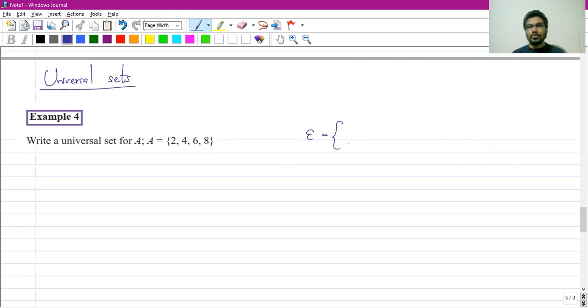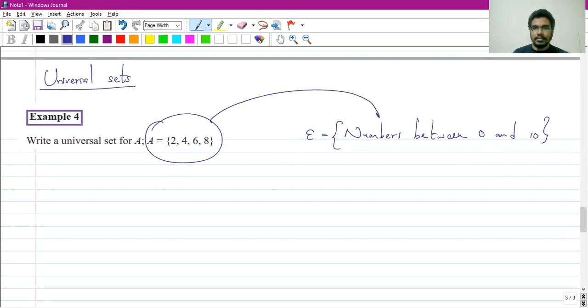As an example, 1, 2, 3, 4, 5, 6, 7, 8 means numbers between 0 and 10. So we can say this is a universal set of this A.